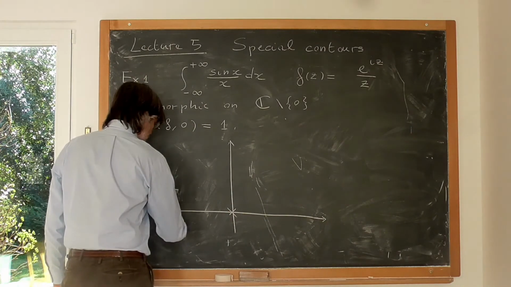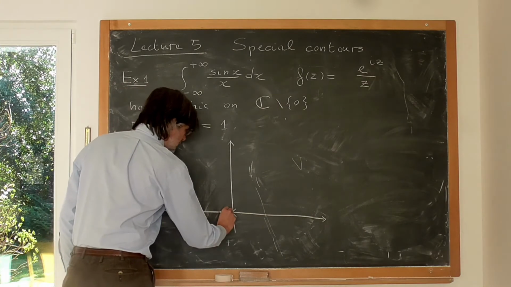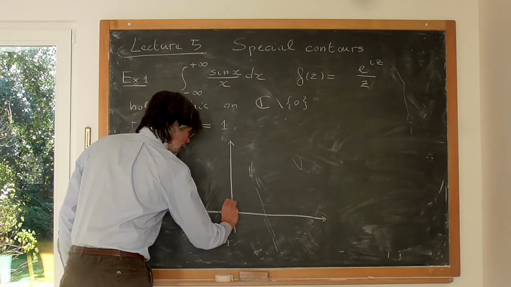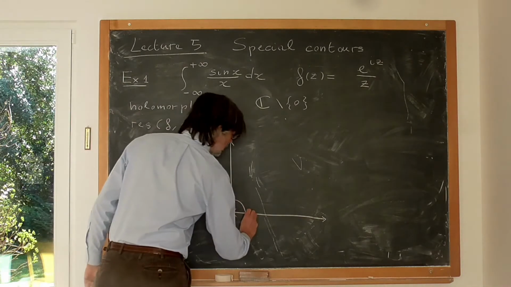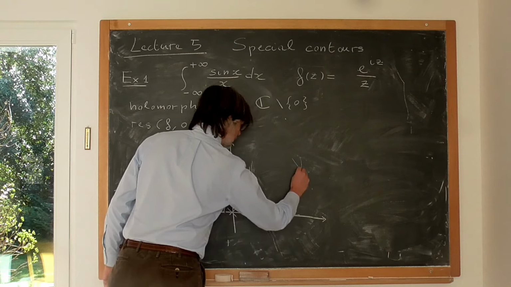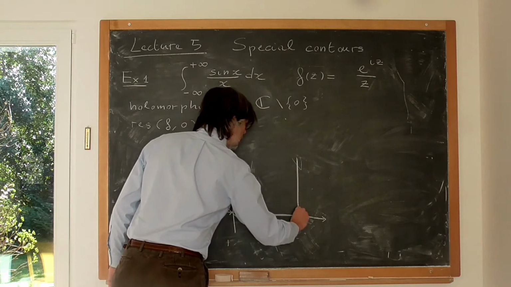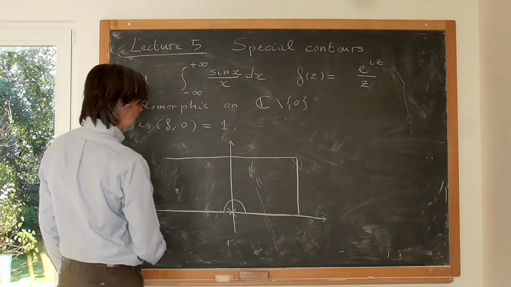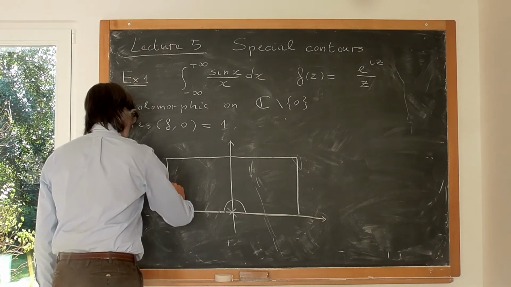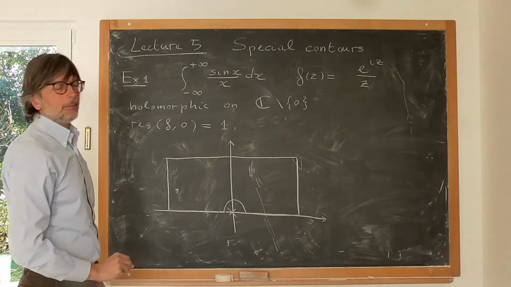So what we will do is the following. We will go straight, then a small arc of a circle will avoid the singularity, then go on, and then again we will consider the same rectangle that we considered also in integrals of type 3.